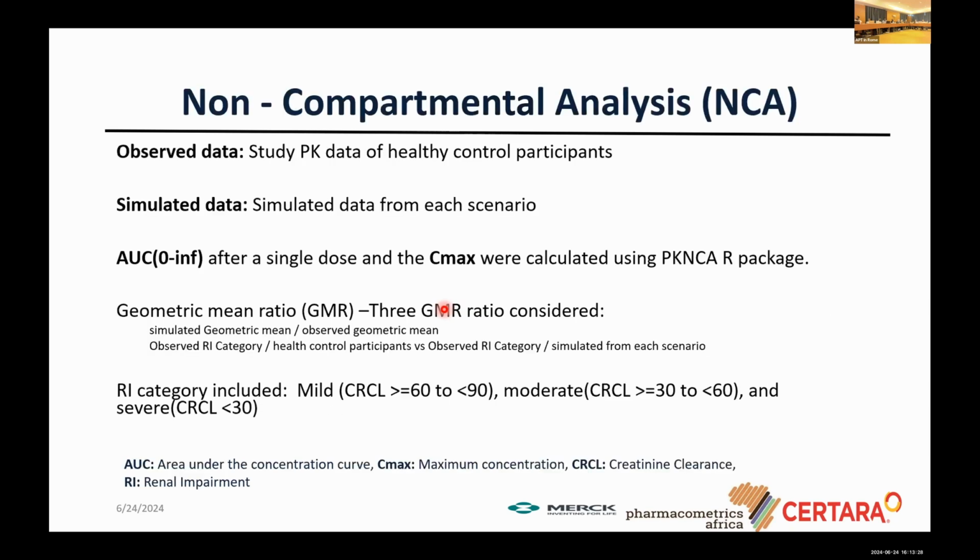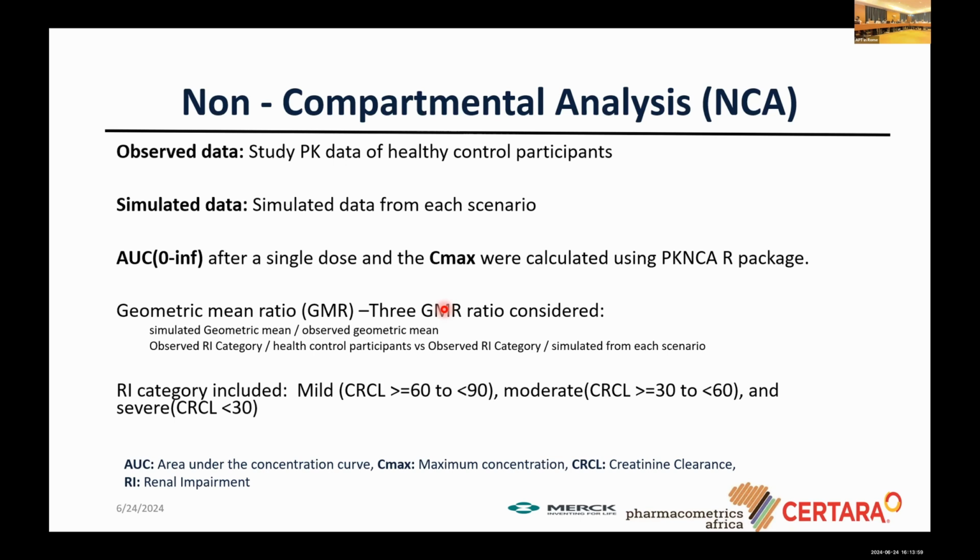Then we conducted NCA, looking at the exposure between observed from the study 5 data and the simulated data from each scenario. We considered AUC and Cmax as our main exposure parameters to generate the GMR, or the geometric mean ratio. So first we looked at the GMR between observed and simulated from each scenario.